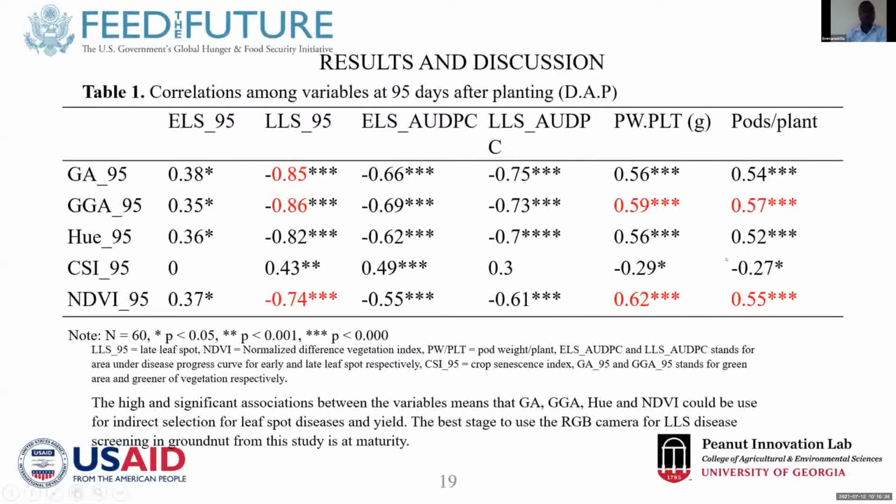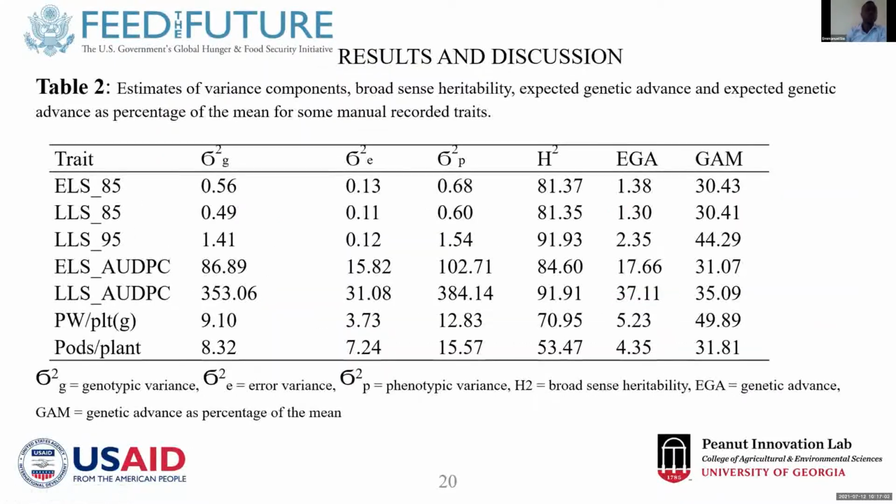When it comes to pods per plant, NDVI also had 0.55, which was also significant and also a positive association, which also means that the parameter NDVI has the potential to either complement or replace the manual way of estimating yield components.